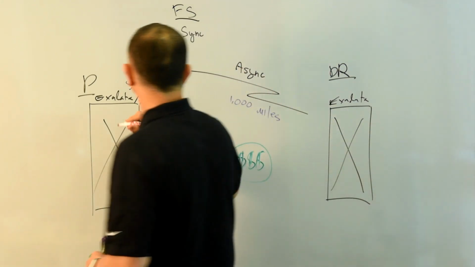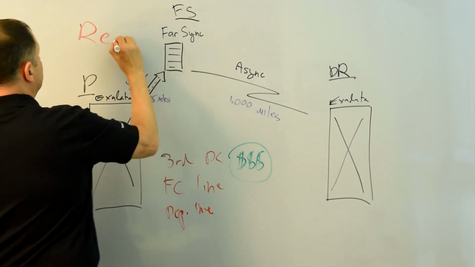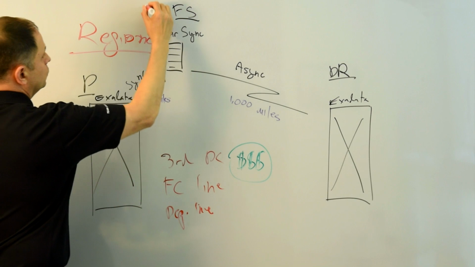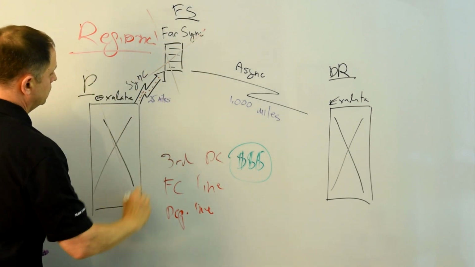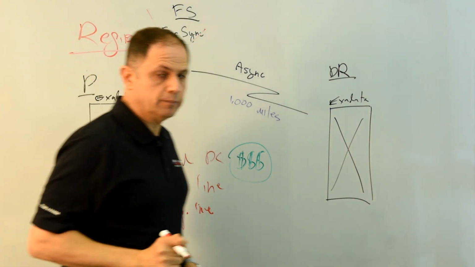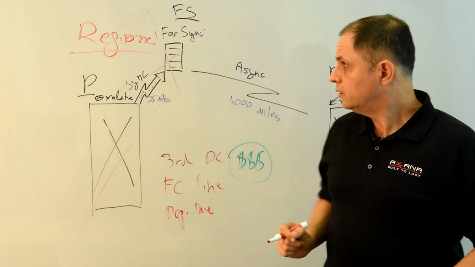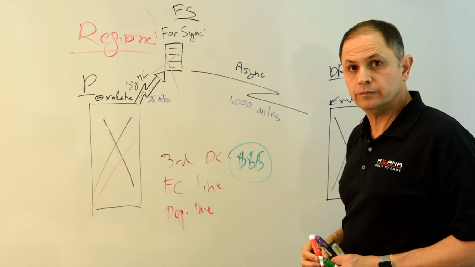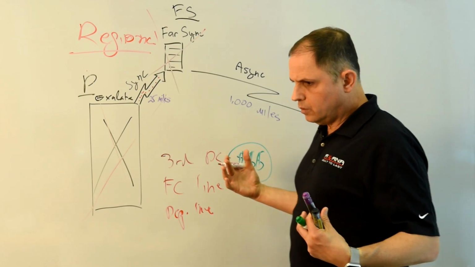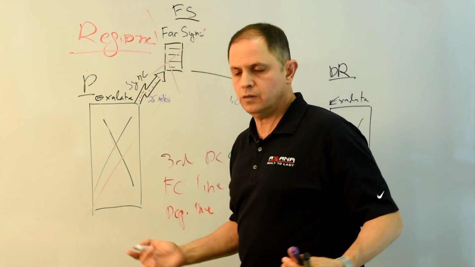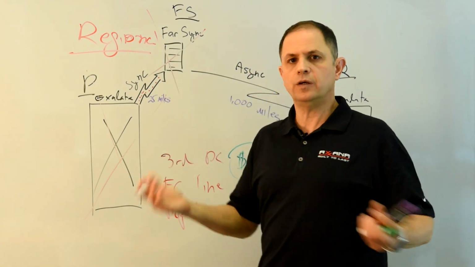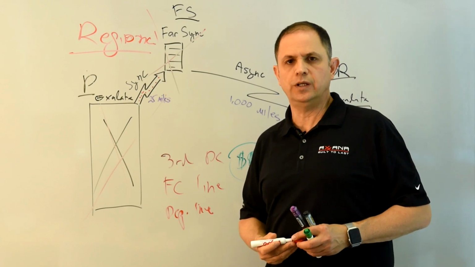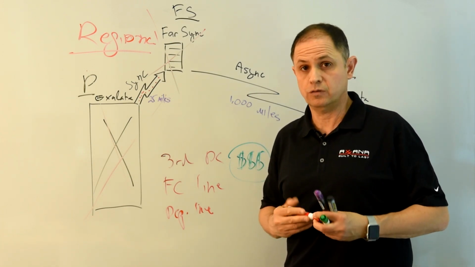What if you had a regional disaster which would kill everything at the same time? Then you don't have the FarSync instance. Then you have asynchronous replication. So while FarSync is an amazing tool if everything goes right and the only thing that you lose is the primary data center, it has its disadvantages.